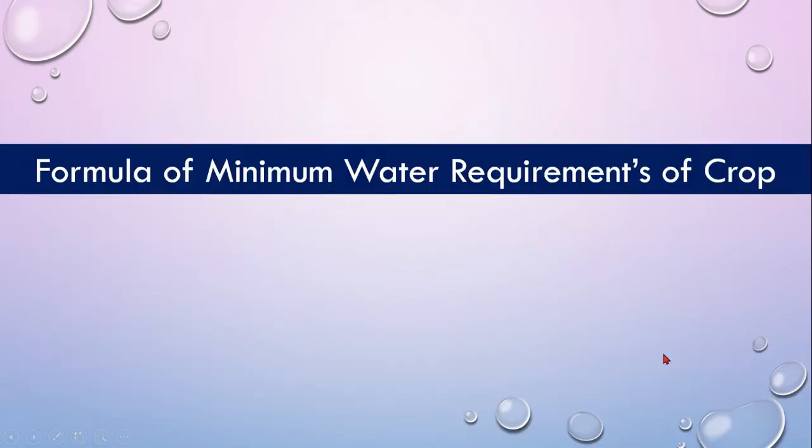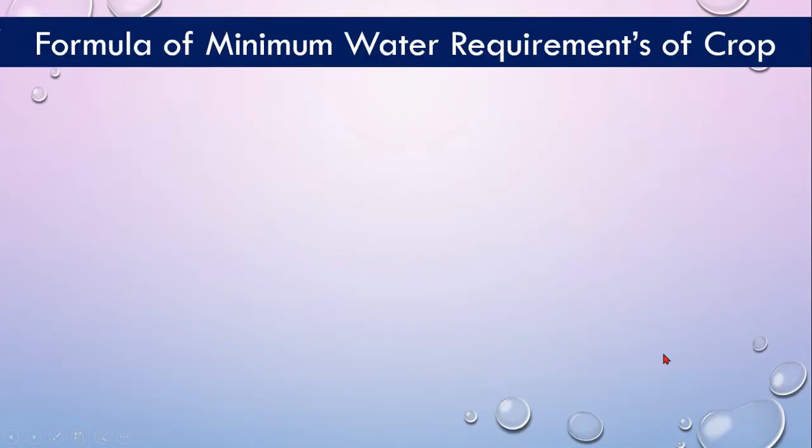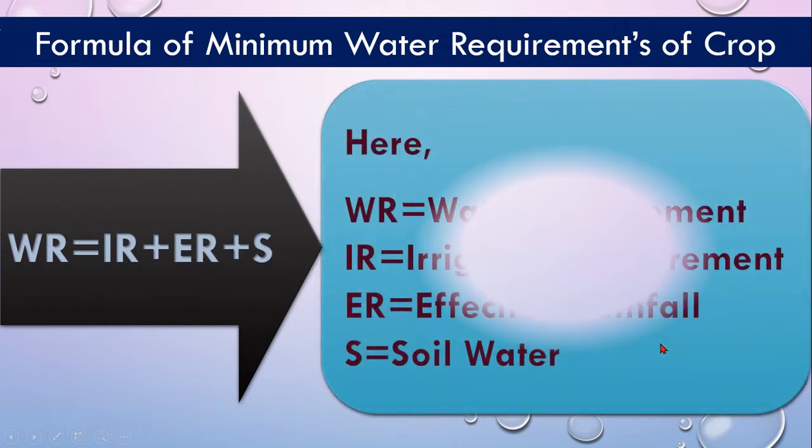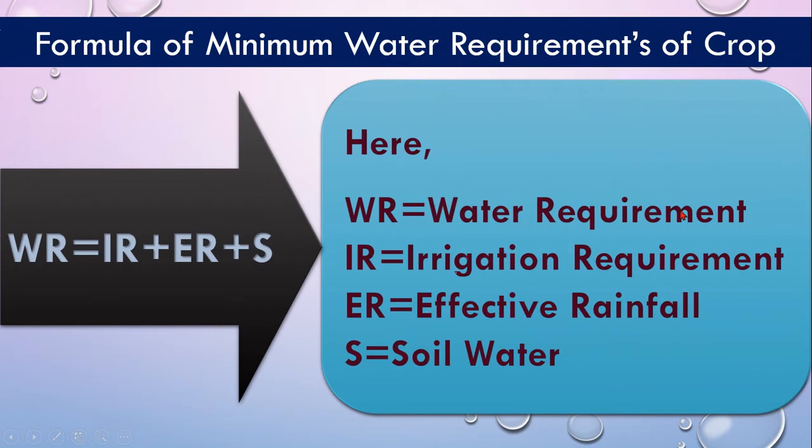So it can be calculated with one formula, which is WR equal to IR plus ER plus S, where WR equal to water requirement, IR equal to irrigation requirement, ER equal to effective rainfall, and S equal to soil water.